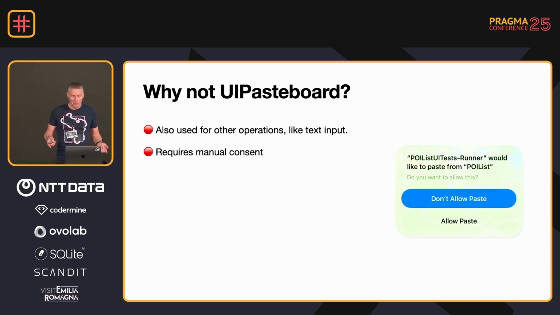It's not allowed. And therefore, it's a manual action. And I find it fine if we do this once when creating the snapshot, all good. It's anyway a conscious operation. But on CI, it would not work. Therefore, no pasteboard.